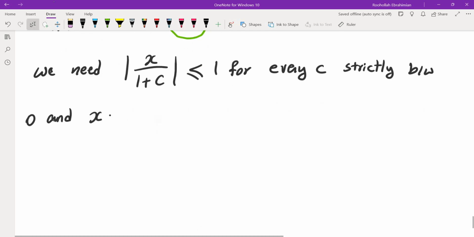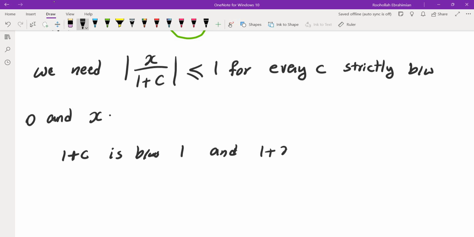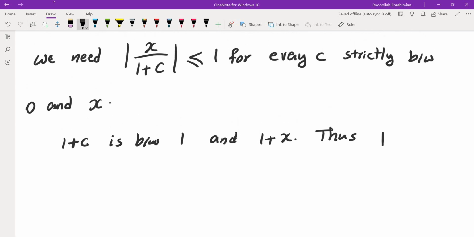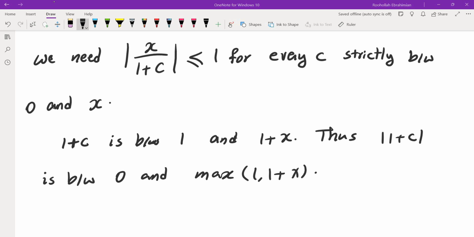Now if you look at this fraction, the denominator is 1 plus c, so it's a linear function. All we know is it is between 1 and 1 plus x. Thus the absolute value of 1 plus c is between 0 and the maximum of these two, 1 and the absolute value of 1 plus x.